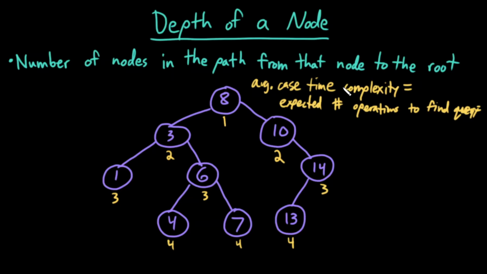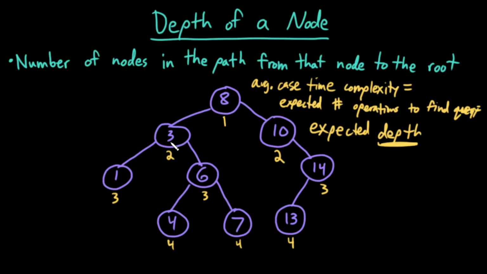And the average case time complexity is the expected number of comparisons, or expected number of operations, for every single node here, which would be equivalent to the expected depth, right? You saw that when I was looking for 3, I compared 3 against 8. Nope, 3 is less than 8. I went here, 3 is equal to 3, success. So I did 2 comparisons, and it has a depth of 2.